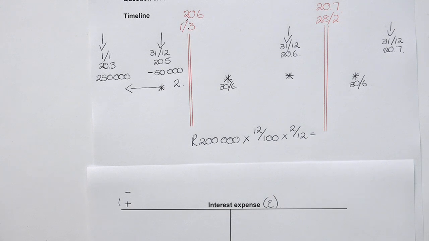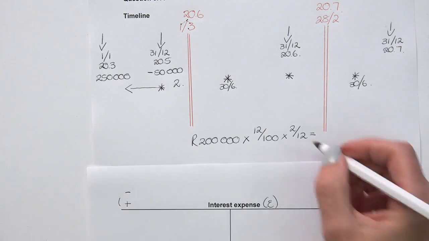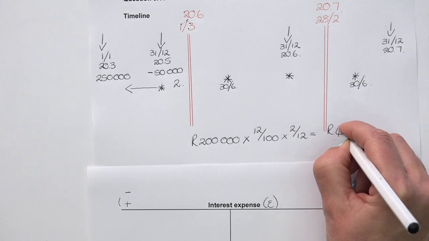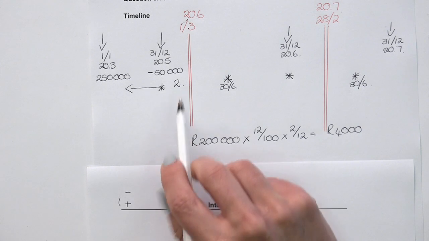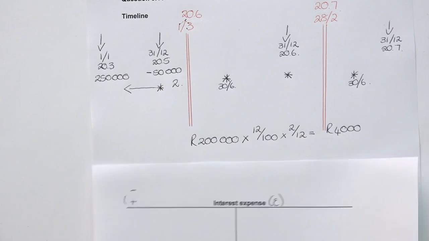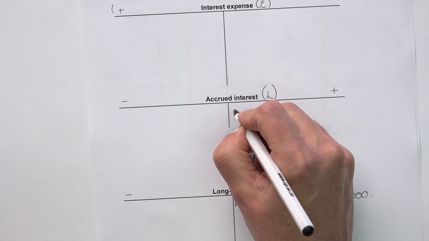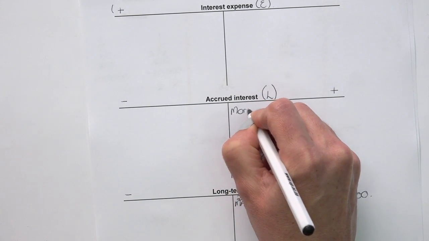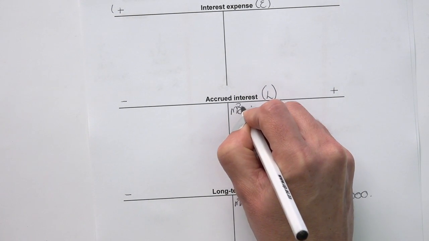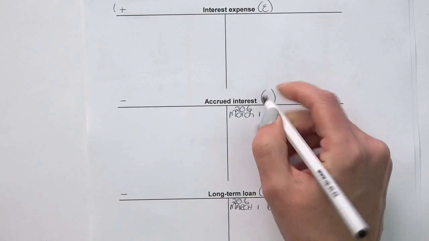So your first calculation for the interest is the interest that was due at the end of the previous year, and that amounts to 4,000 Rand. So our adjustment at the end of last year would have resulted in an accrued interest. So I start with a balance again on the 1st of March 20.6.